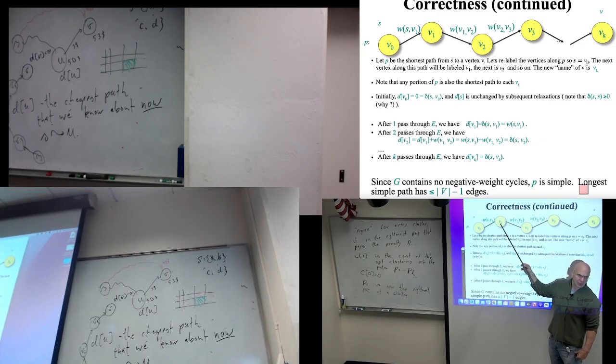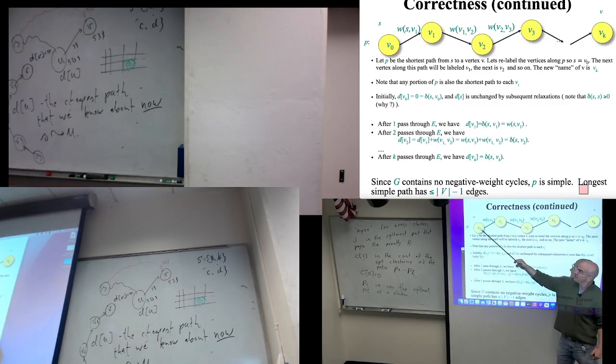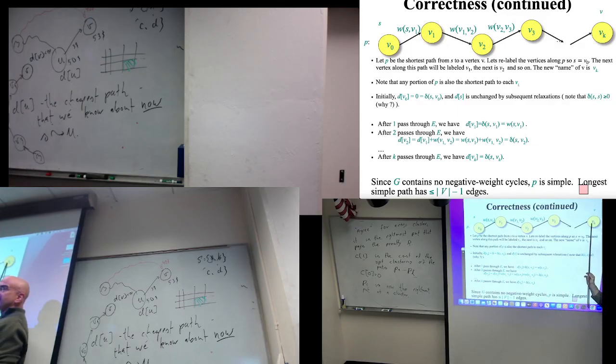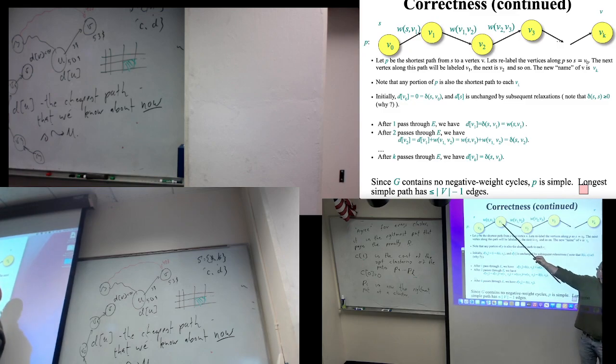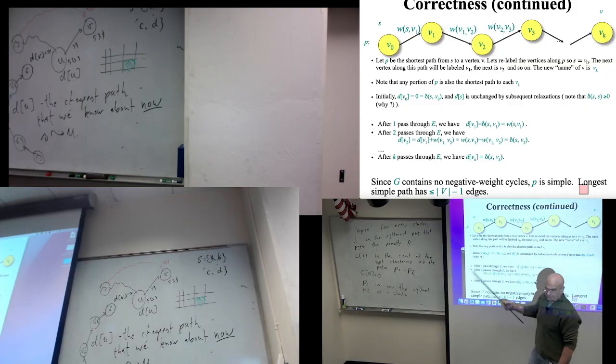First, what is the optimal path to V1? If that's the optimal path to VK, and V1 is one of the nodes, then part of an optimal path is an optimal path. So the distance to V1 is just this edge. What is the weight of V1?